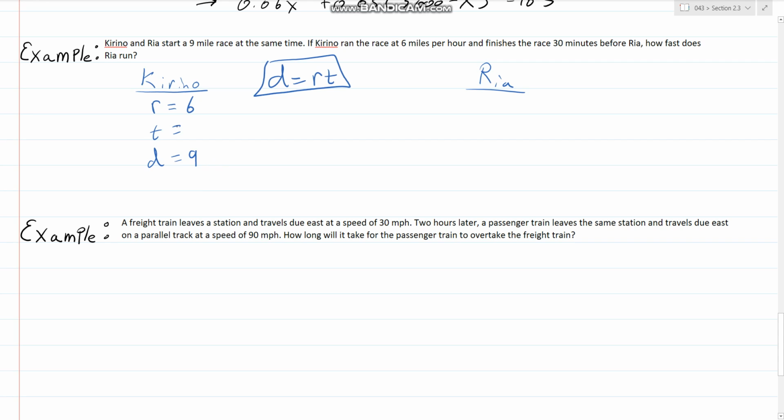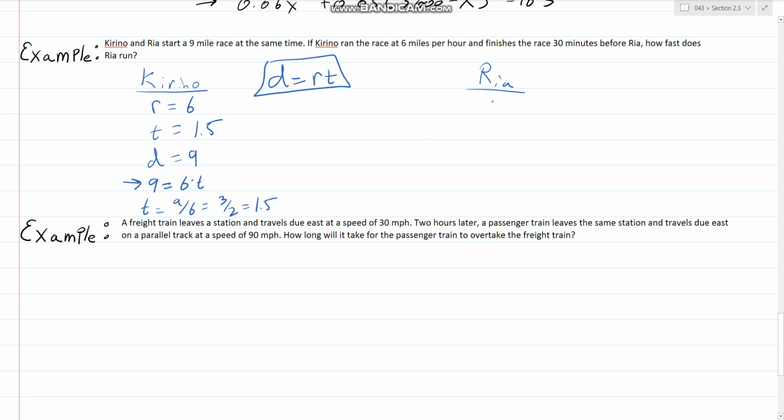Now, I can actually solve for the time right now because I know distance and rate. So 9 equals 6 times t, and so t must equal 9/6 or 3/2 or 1.5. So an hour and a half. So I'll put 1.5 there.